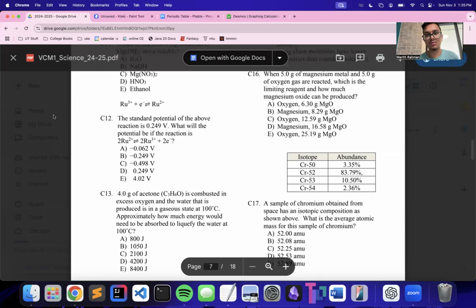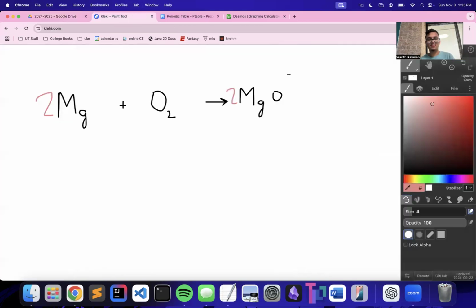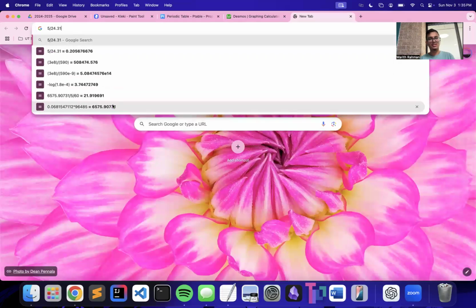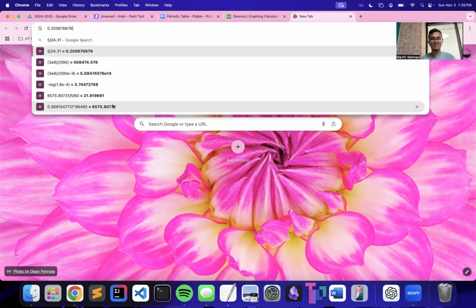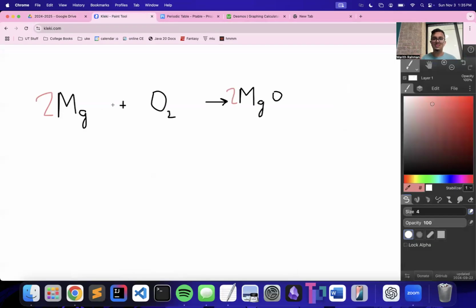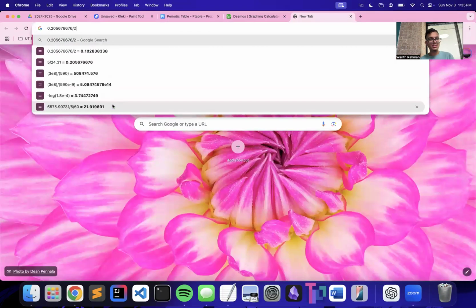The way I like to do these problems is to start with our first compound. We have 5 grams of magnesium metal, so 5 grams divided by our molar mass gives how many moles of magnesium we have. For every 2 moles of magnesium, we need 1 mole of oxygen gas. So this is how many moles of oxygen gas we need, and multiplied by 32, this is how many grams of oxygen we need.